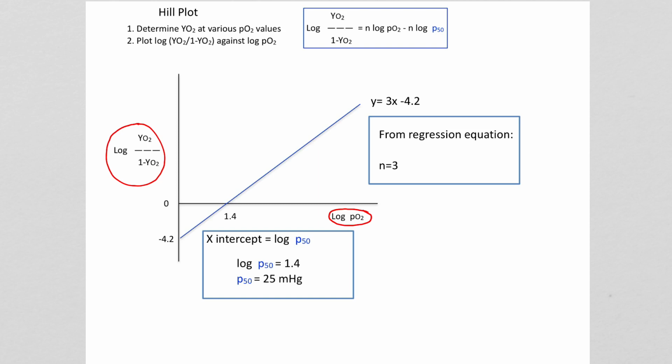When we do that, we get a straight line. From the regression equation of the straight line, we can get the slope, and this slope is equal to n, the Hill coefficient. If we want, we can also get the P50 from the x-intercept.